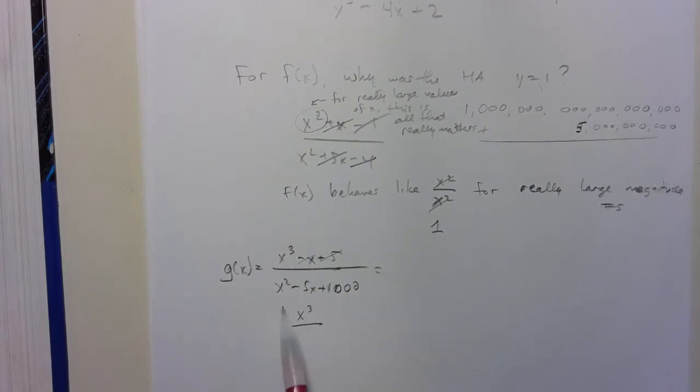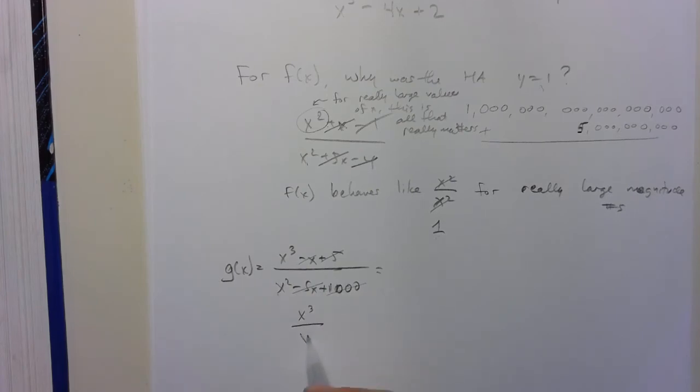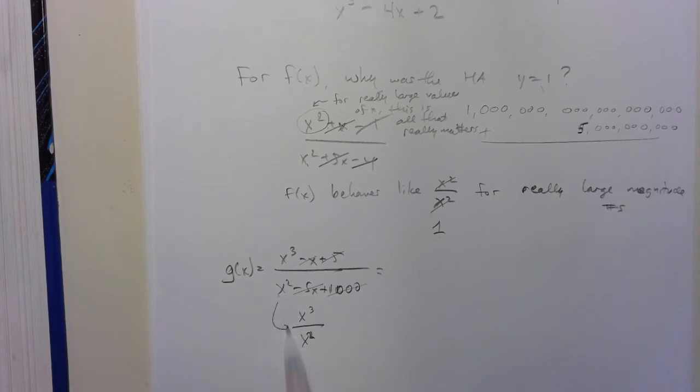For the denominator, what's going to eventually take over? Adding 1,000 matters if you're at x values of 1 or 2, but not when you're at 1 billion and you took that 1 billion, you squared it. Right? So the 1,000 doesn't really matter. Subtracting 5 times a billion doesn't really matter when you have a billion squared. So really what takes over is the x squared.